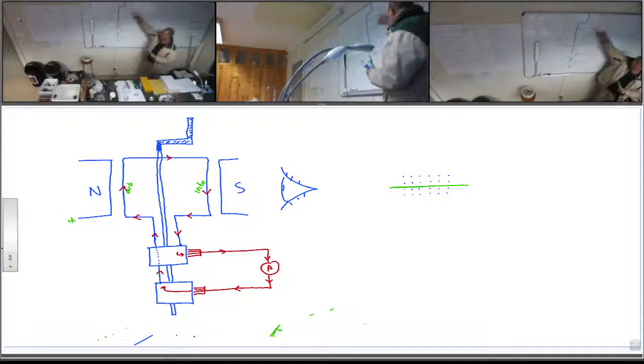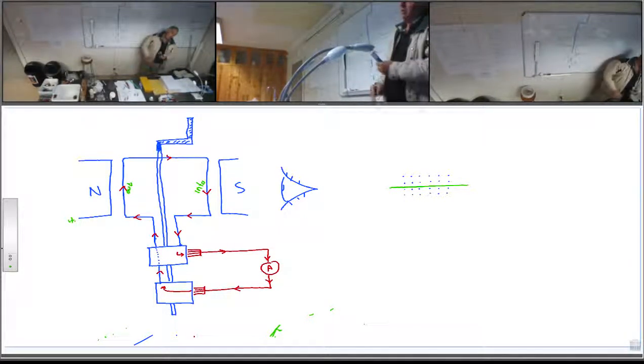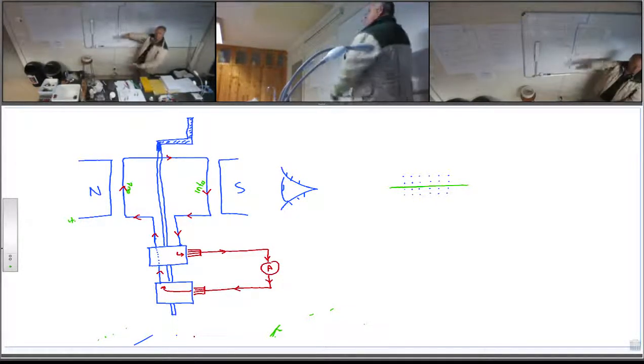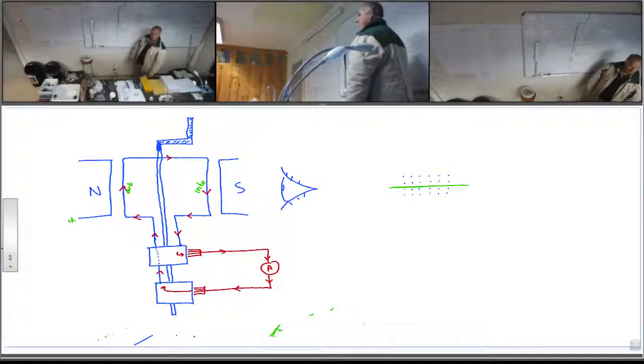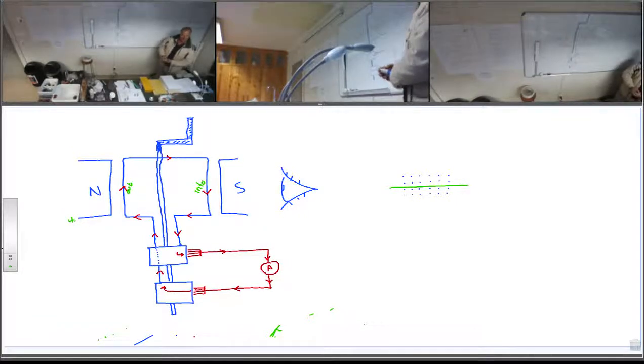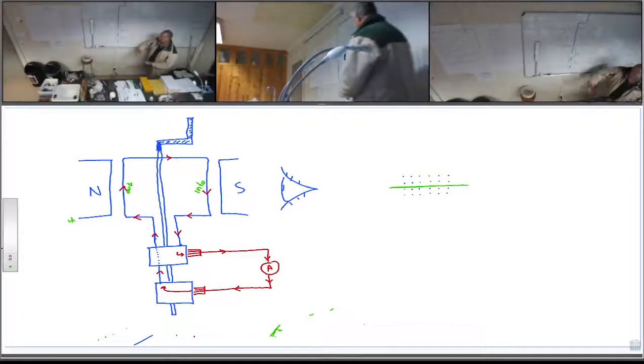If your eye was here, you'd see the wire running. Turn this whole thing like that, you'd see the wire. I've just got an imagination. Okay, I'll change it to suit your imagination.